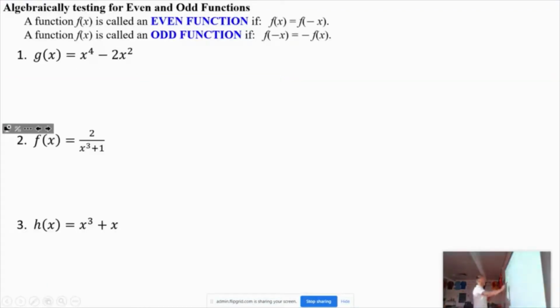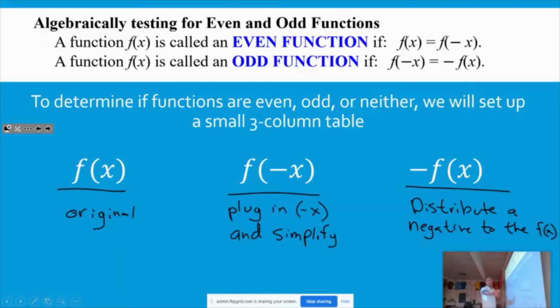Let's jump in. Oh, by the way, I should say, from these 3 columns, you would tell if a function is even if f of x here is equal to f of negative x. This would be an even function if those 2 columns are exactly the same. And if that's the case, you're done. It's even.